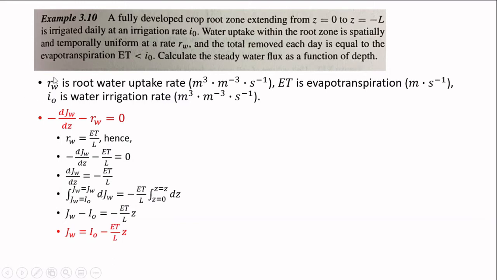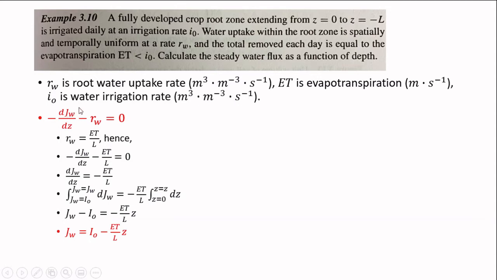You know that RW, the root water uptake rate, is in meter cubed over meter cubed per second, and ET, the evapotranspiration, is in meter per second, and I0, the irrigation rate, is in meter cubed over meter cubed per second.